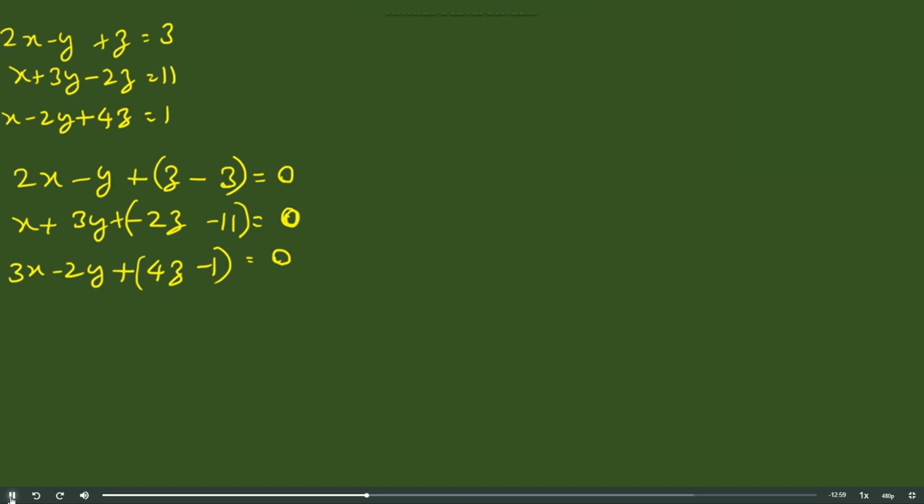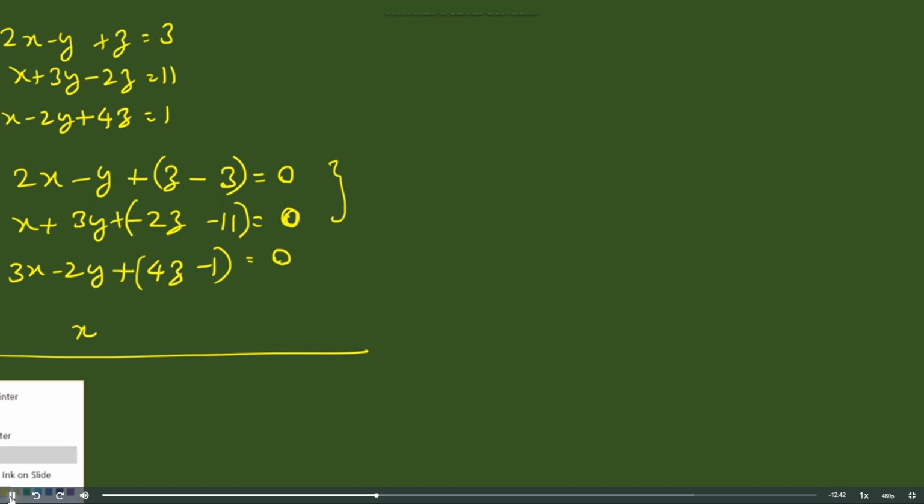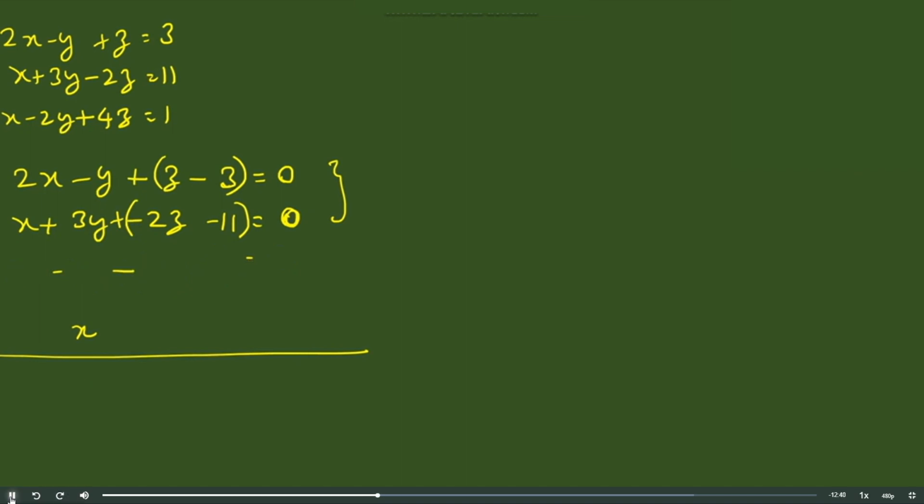Now, I will take only the first and second equation first. I will consider only the third component, so to not confuse you, I will remove the third equation from here. It's not required now.